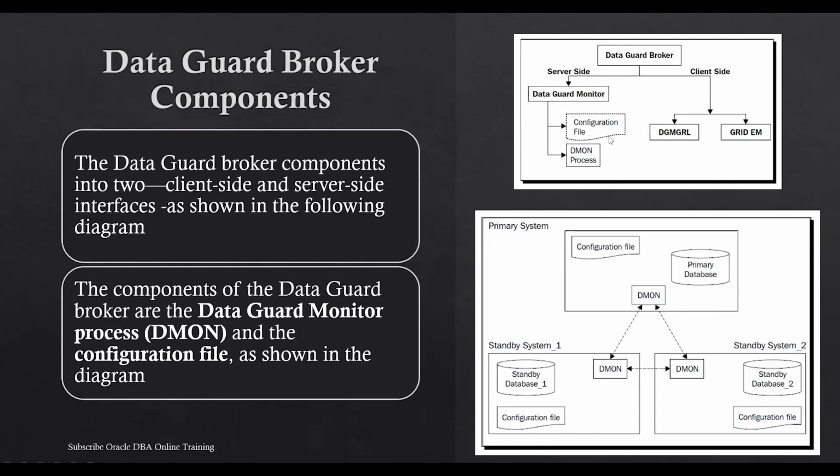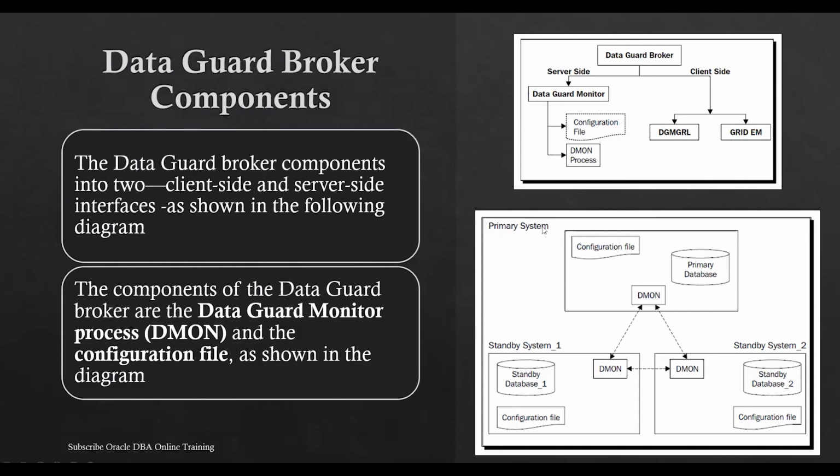On the primary or standby side, we will have a configuration file along with the running process. Using the DGMGRL utility or Grid Enterprise Manager, you can access those Data Guard broker configurations. Apart from accessing the configuration information, you can perform all the operations that we have discussed so far.